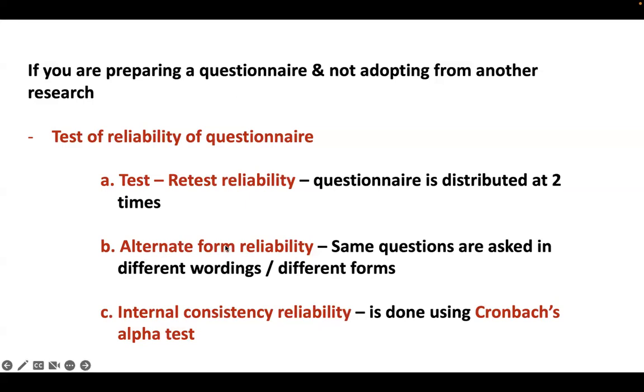Then internal consistency reliability. I will tell you internal consistency reliability. You are preparing 5 questions on the state of anxiety among students. First question: are you getting increased heartbeat? Are you getting more sweating thinking about exams?